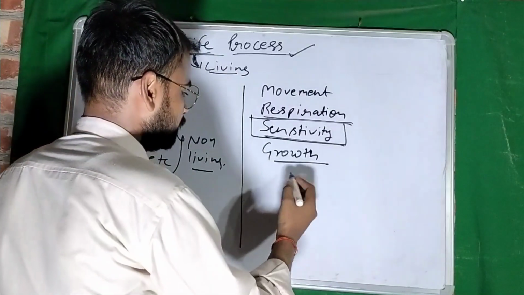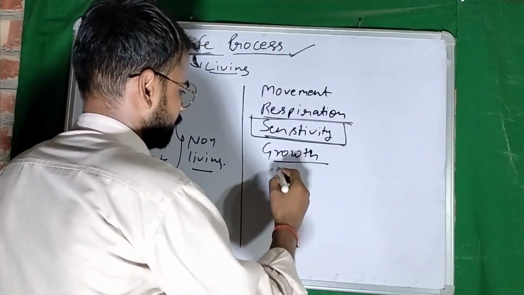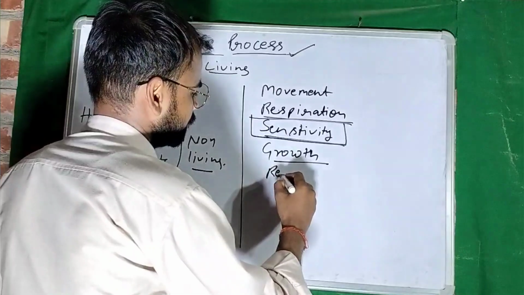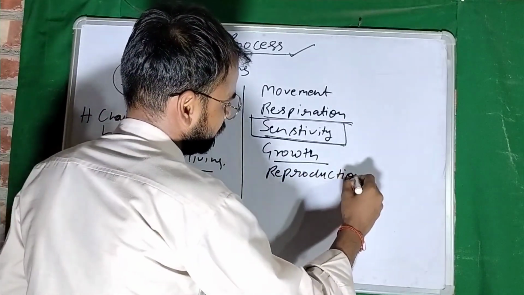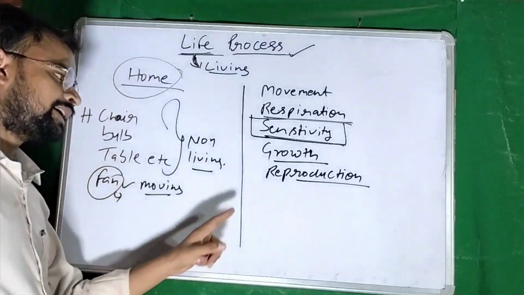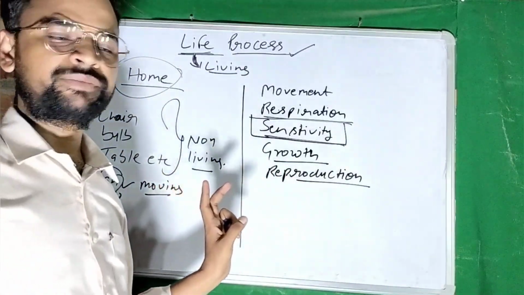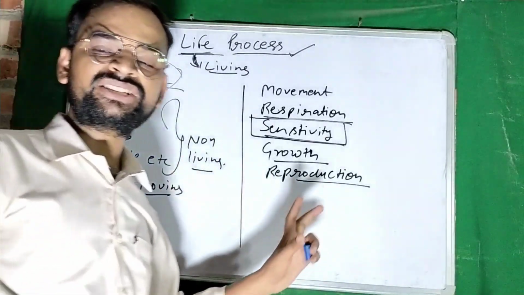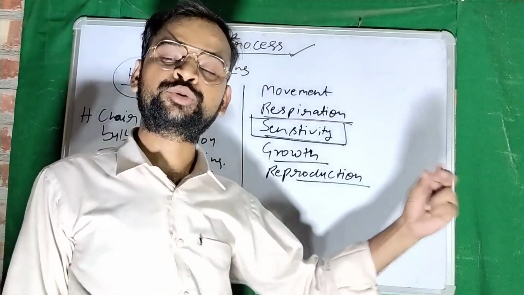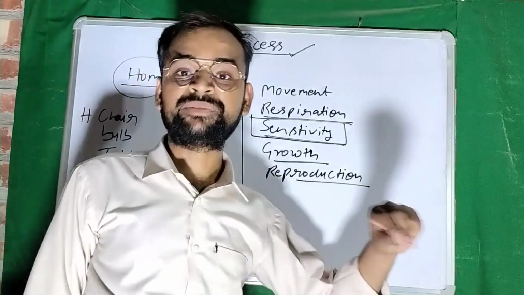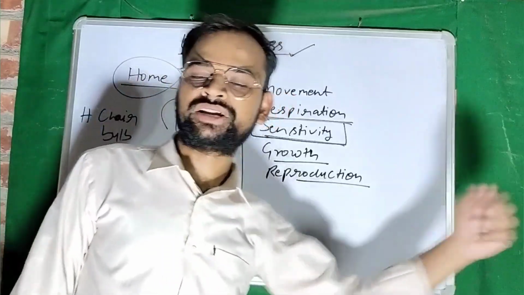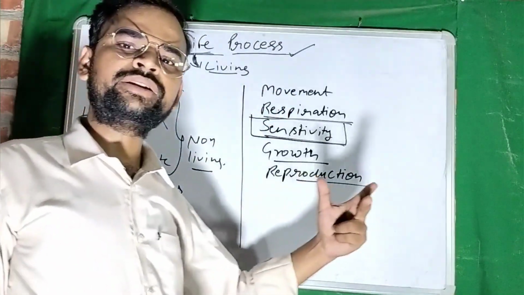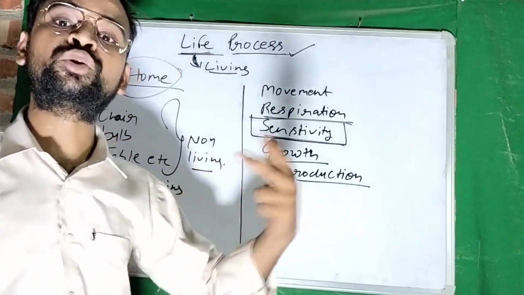Then reproduction, but it is not a defining characteristic of living organisms, because there are some organisms which cannot reproduce their young ones, like the mule, like transgenders, like the worker honeybee, not the drone honeybee.